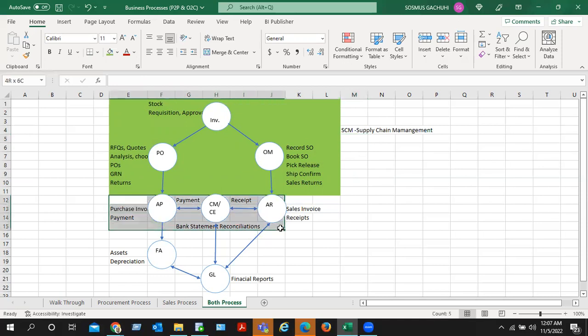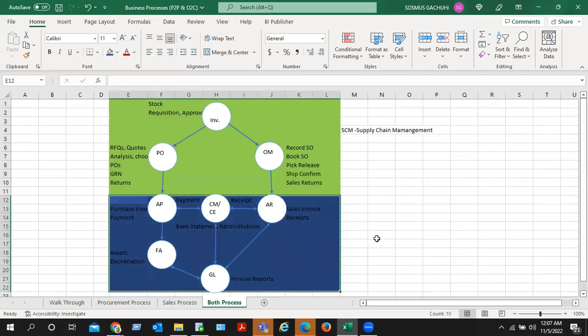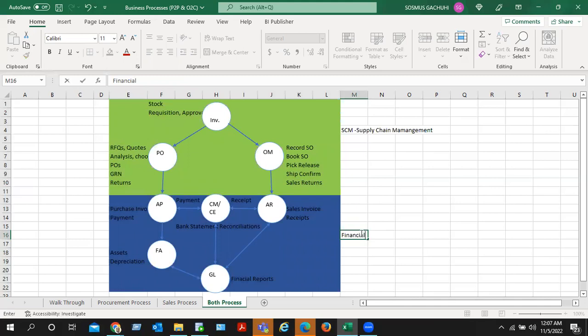And on the bottom, we have financials. So what we'll be learning is all about AP, cash management, account receivable, fixed asset, and general ledger. This is all about financials.